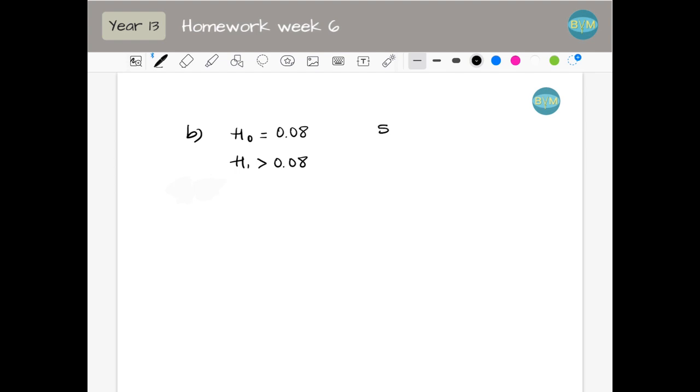The significance level is 5%, and the observed value is 18. If H0 is true, this is going to be a binomial 150, 0.08. So what we are going to check is the probability of X being greater or equal than the observed value, which is 18. This is not in the calculator, so we are going to do X minus 17.